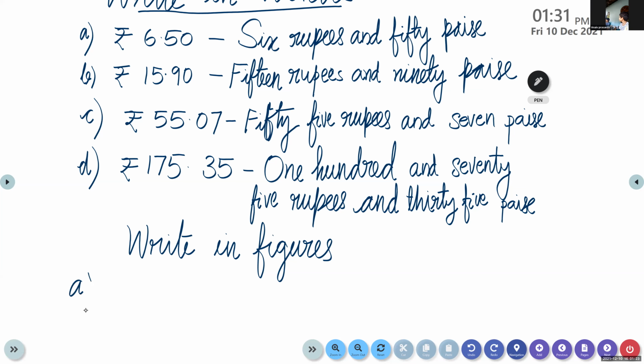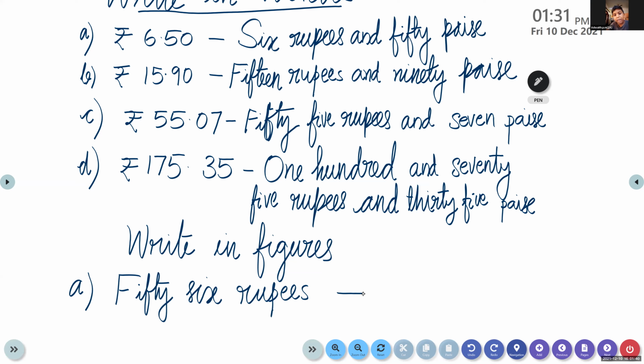Here we have the first one, A: 56 rupees. Ma'am, we want to write this number. Yes, you have to write the answer. How will we write the answer, Advait?